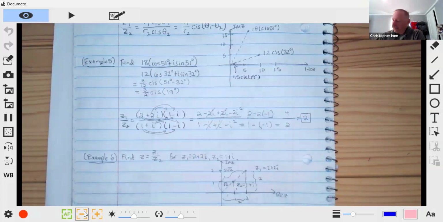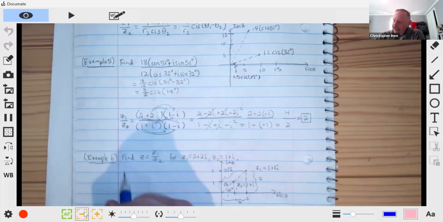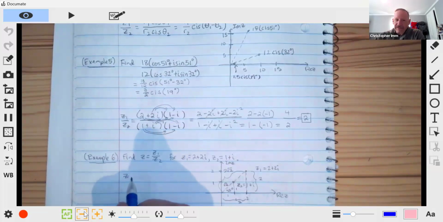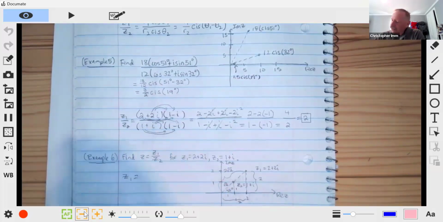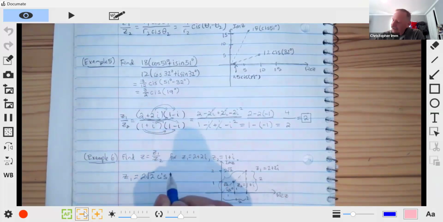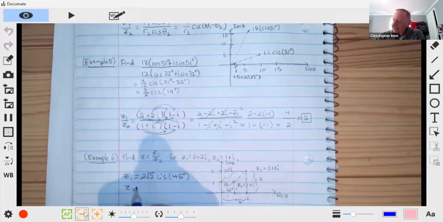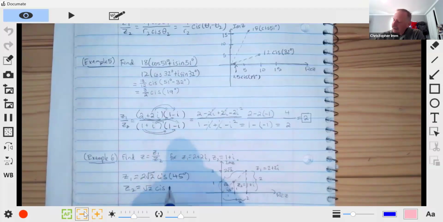Both of those angles are going to be 45 degrees. So my numbers turn out to be Z1 in trig form is going to be 2 root 2 cis 45 degrees. And Z2 turns out to be root 2 times cis of 45 degrees.